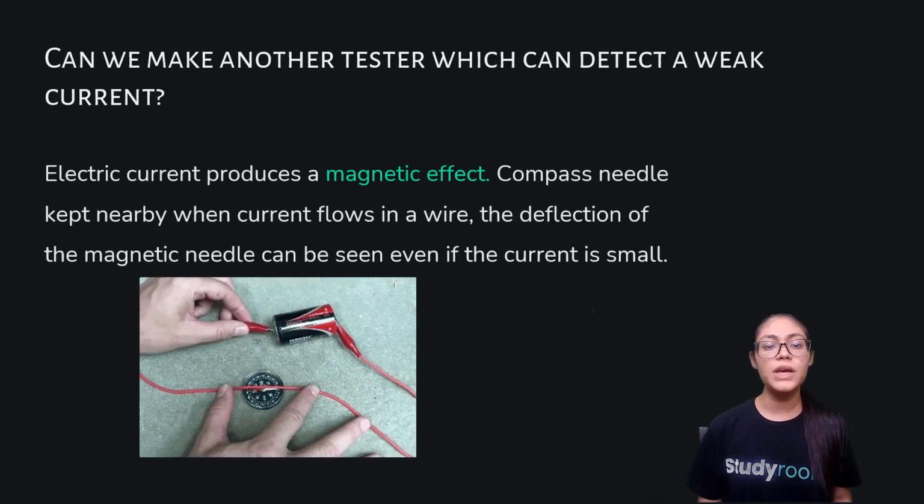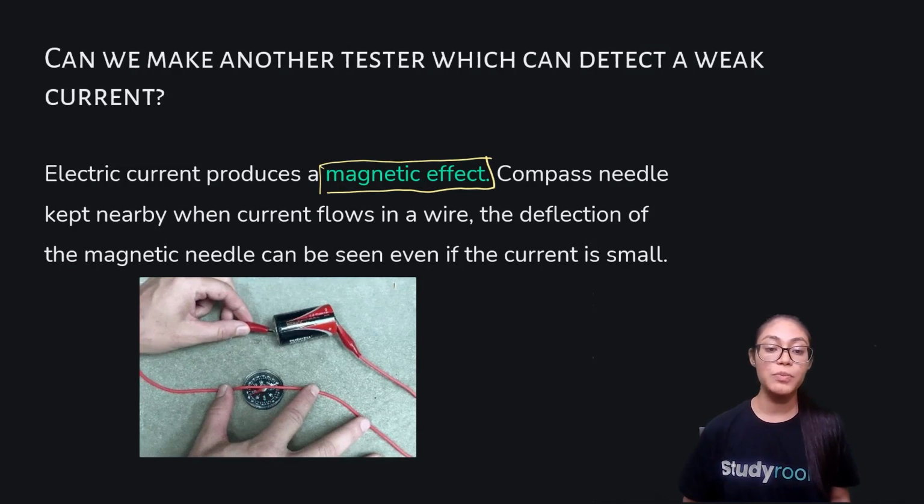Now, can we make another tester which can detect a weak current? Now let's have a look. Electric current produces a magnetic effect. Along with the heating effect, electric current also produces a magnetic effect. Now, a compass needle is kept nearby. When current flows in a wire, the deflection of the magnetic needle can be seen even if the current is small.